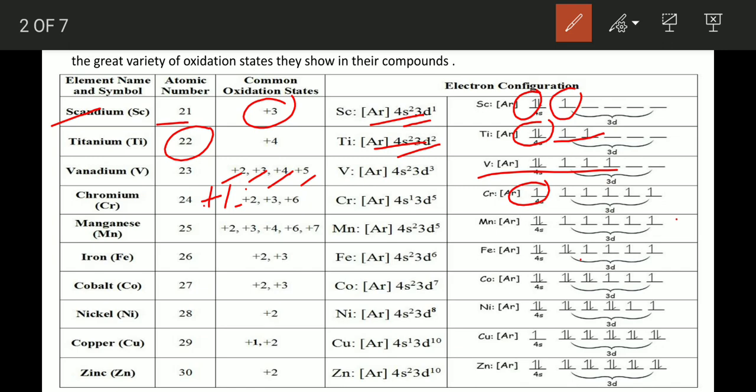But the common oxidation states are +2, +3, +6; +1 and +5 are rarely formed. Manganese, here are a total of 5 unpaired electrons and these 2 electrons of the outermost shell. So it can show +2, +3, +4, +5, +6, +7. These are the common oxidation states, +2 to +7.